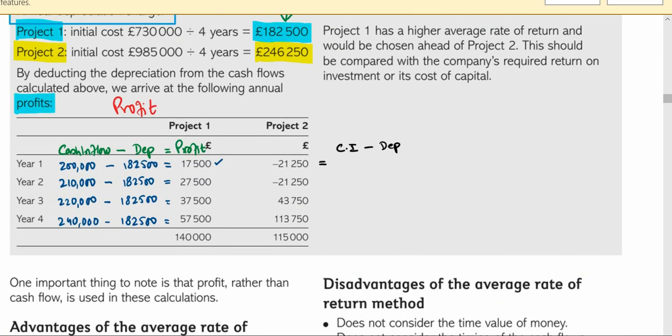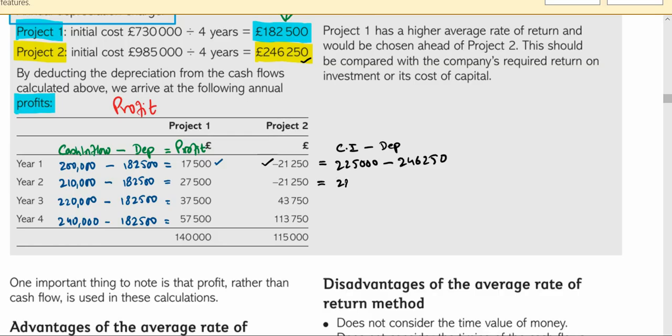Depreciation is 246,250. So here will be the negative profit. Negative profit means this is the loss. Get my point? Okay.